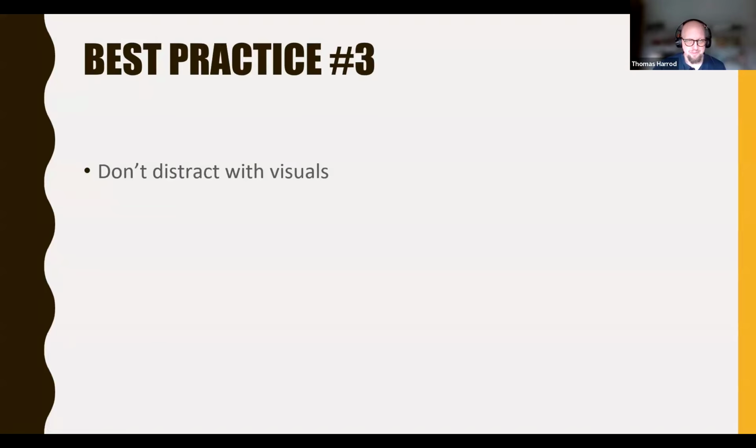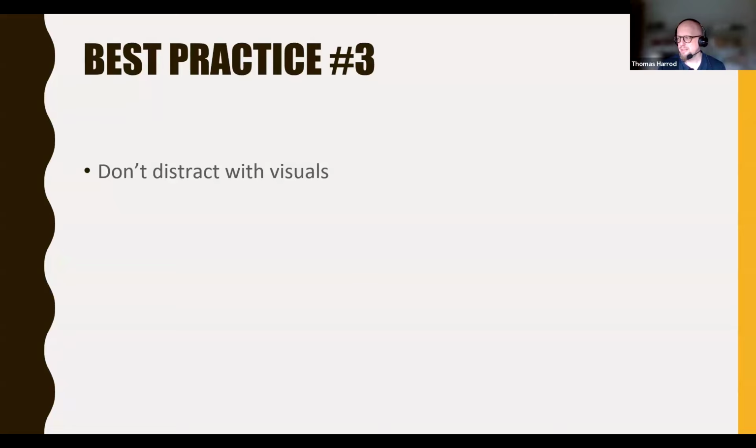The flip side of that, for best practice number 3, is not to distract with visuals. What I mean by this is visuals should have purpose. If you have a visual element on your poster, and you should, to make it more inviting to conference attendees, make sure that it is not distracting.